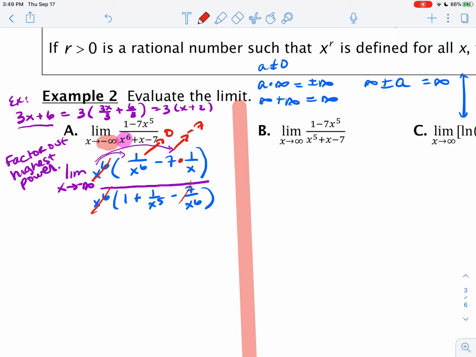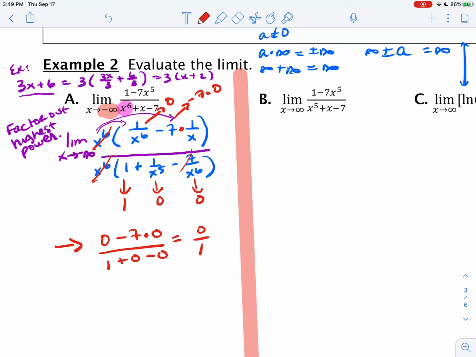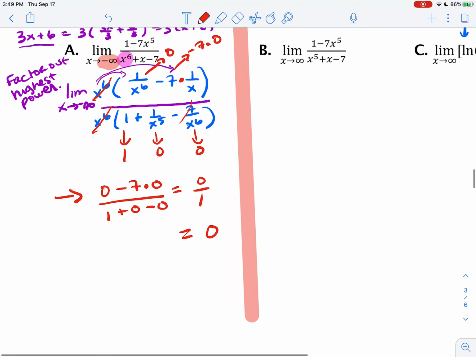Negative 7 is going to minus 7, and times 1 over x is going to 0, and the denominator is going to 1, and we have 1 over x to the 5th is going to 0, and 7 divided by x to the 6th is going to 0. So our limit is going to go to 0 minus 7 times 0 over 1 plus 0 minus 0, and that's going to give us 0 over 1, and 0 divided by 1 is 0.